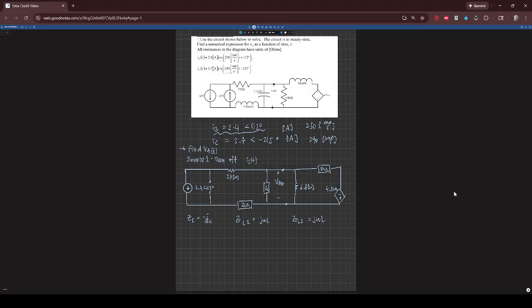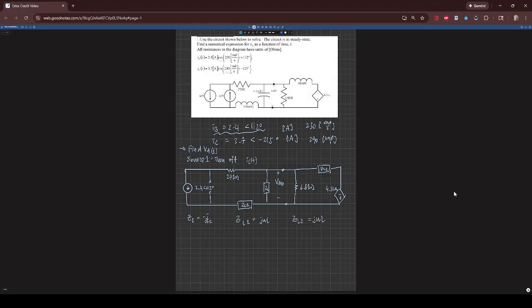do first, since we're using different frequencies, is solve the impedance of the components with that frequency. For ZC, the formula for impedance of a capacitor is negative j over wC. So j is the imaginary, w is the frequency, C is the capacitance value. And for the impedance of inductors it is jwL, where j is the imaginary number, w is the frequency, L is the inductance value.